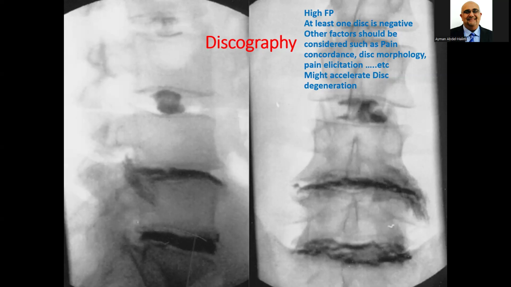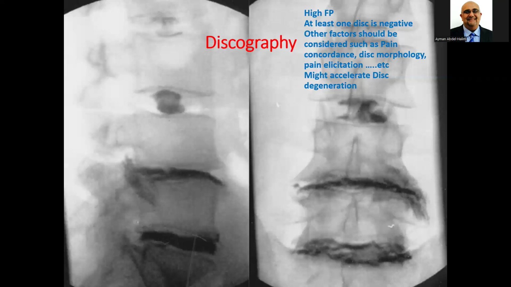And then you have to have at least one disc negative. Also, other factors should be considered, such as pain concordance, disc morphology, pain elicitation, and so forth. There is also some controversy about discography accelerating the disc degeneration.